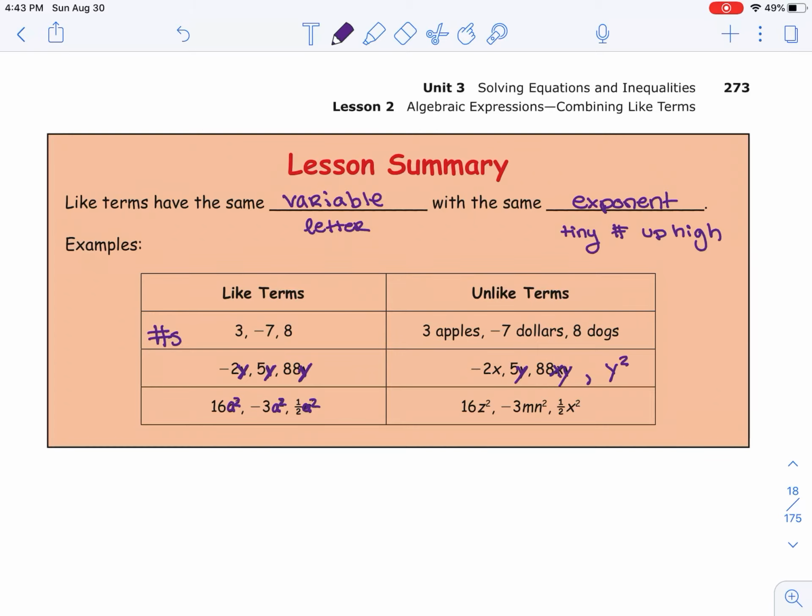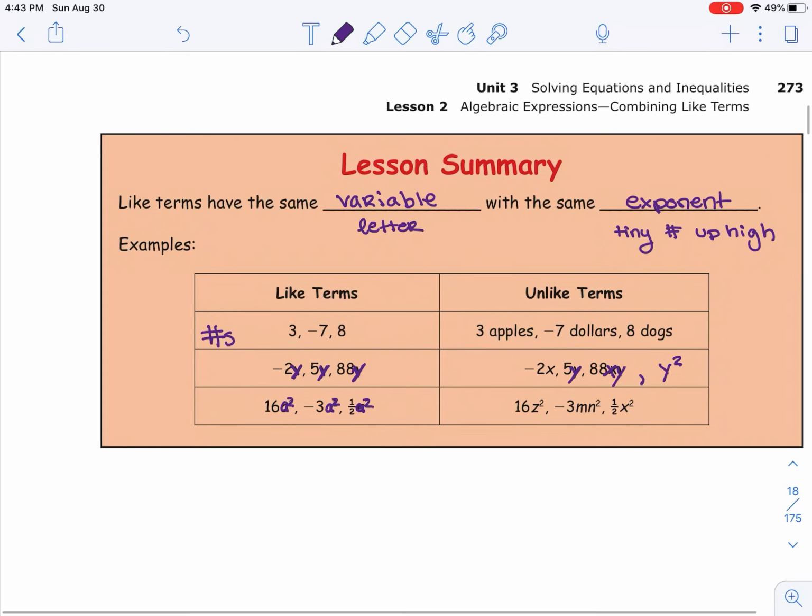They give you examples of things that are unalike. So like 3 apples do not mix with $7, do not mix with 8 dogs. As soon as we put that on there, it is not the same. Okay.